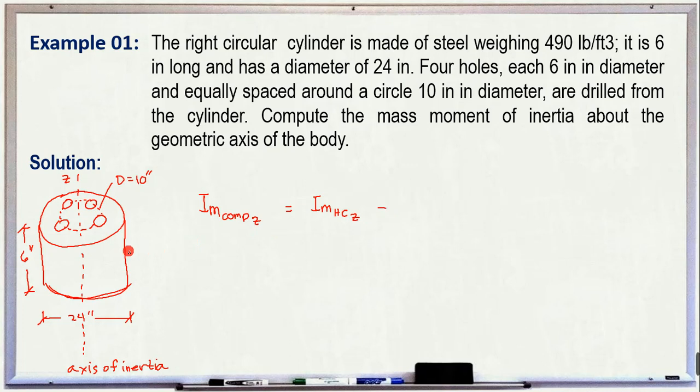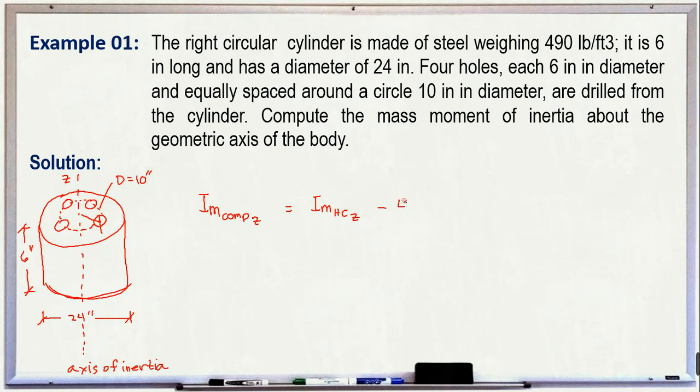in this case we can say that these four holes have the same magnitude of mass moment of inertia with respect to the z-axis because they have the same distance from their respective centers towards the z-axis, which is equal to the radius of this secondary circle at the inner part of the cylinder.